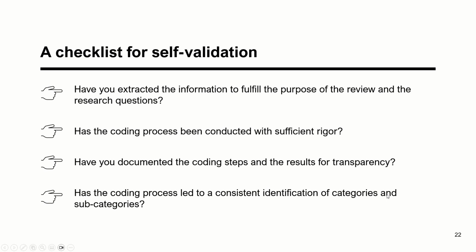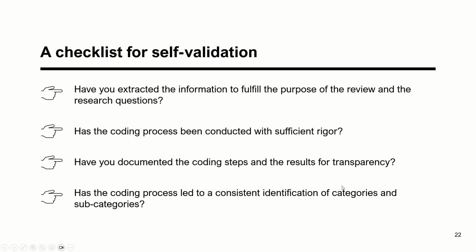All right, before we close this session, a checklist for self-validation. You want to ask yourself these questions at this stage. Have you extracted the information to fulfill the purpose of the review and research question? So have you documented all of it? We saw several bullet points, right? Have you documented all of that information? And how rigorous has been the way in which you've done the coding process?